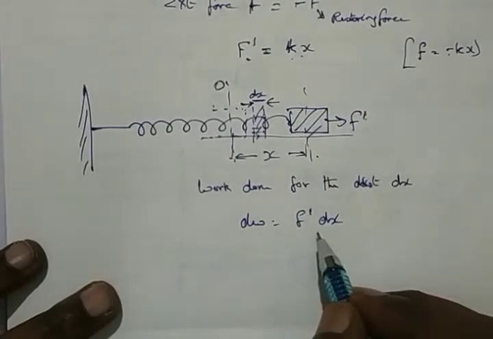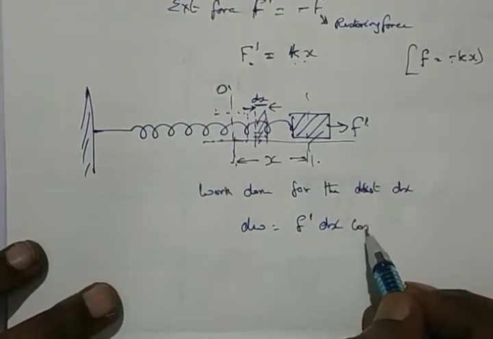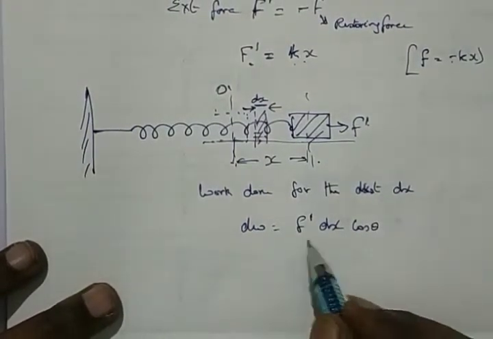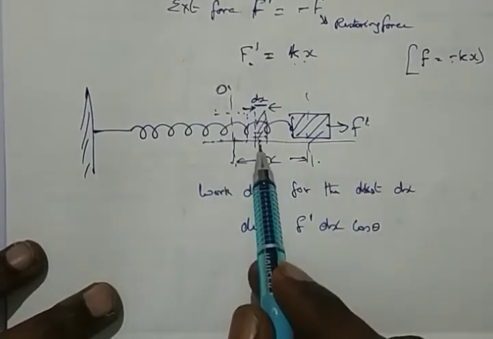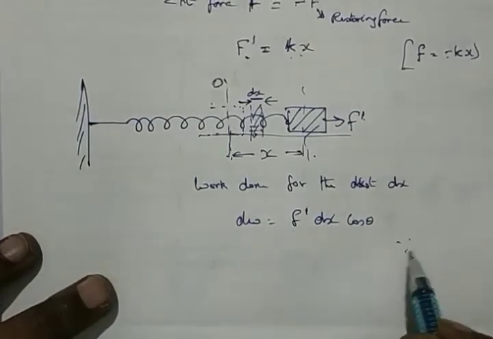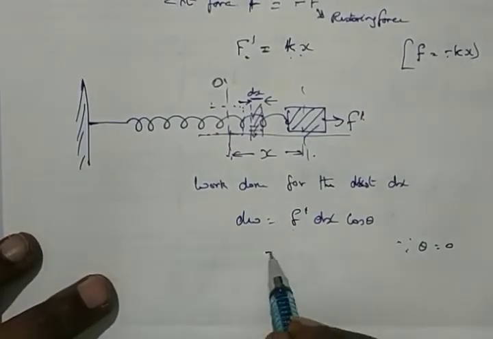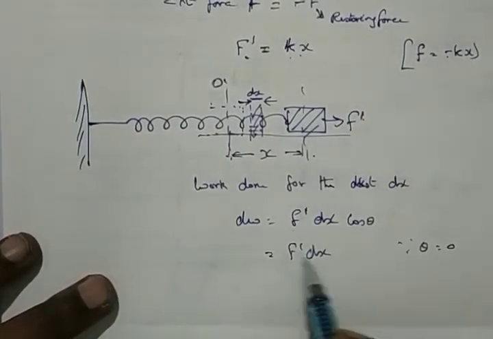We know this one. Maybe you can put cos theta also: F dash into dx into cos theta. Both of them act in the same direction, so theta is equal to 0, and it is F dash into dx. That is dW.